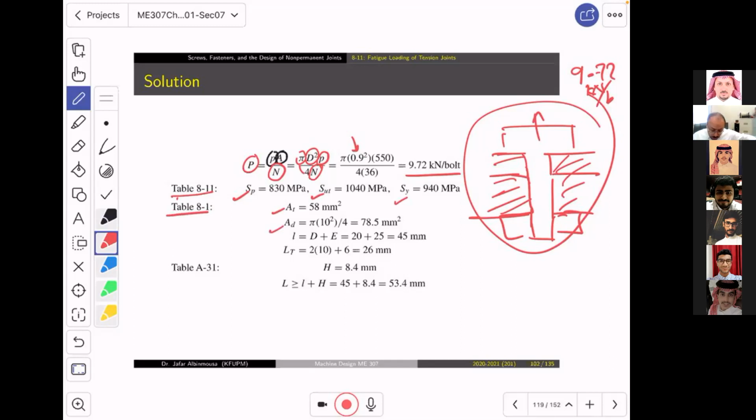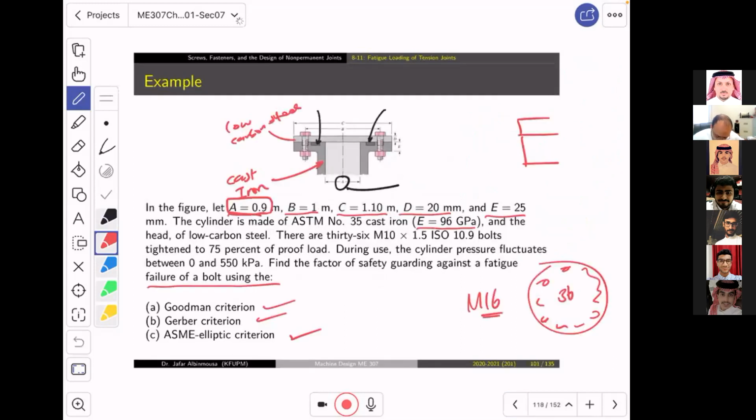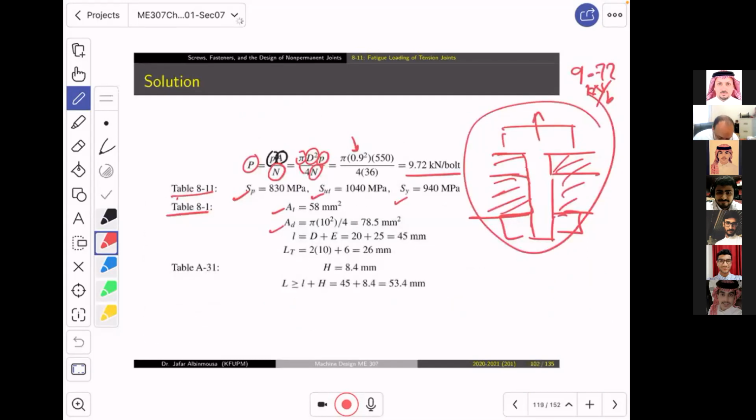The diameter of the bolt is said to be, I said 16, I don't know why. I was confused. It's M10. I'm very sorry. This is M10, so 10 millimeter, the diameter D. So if this is the case, then I just use the diameter to calculate the area of the unthreaded portion.